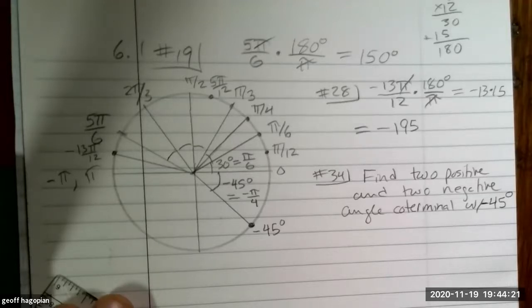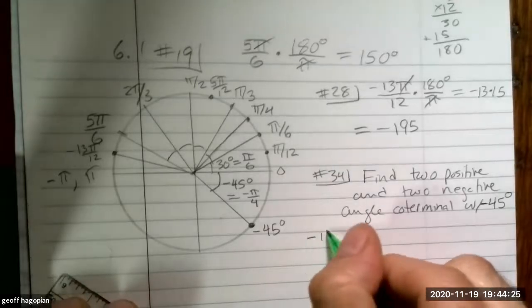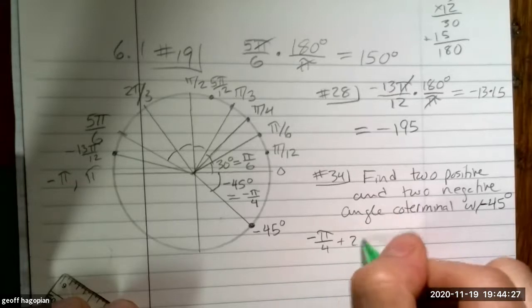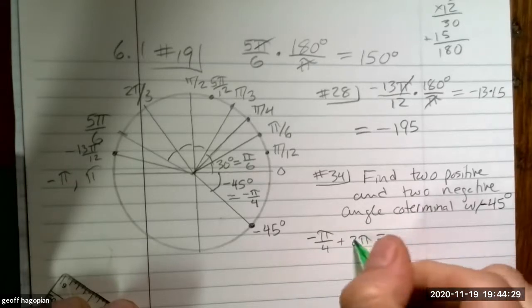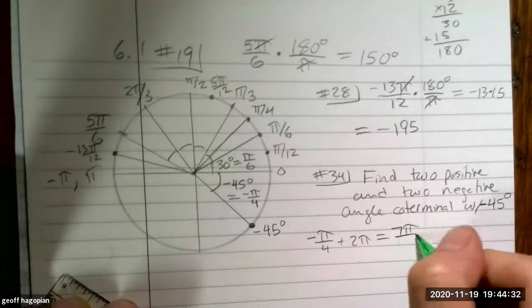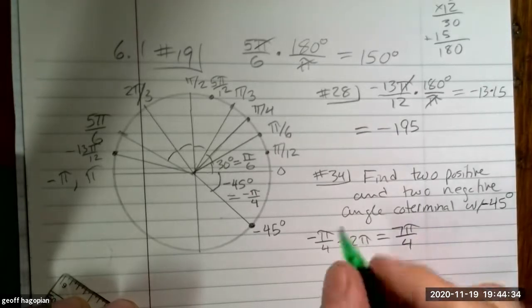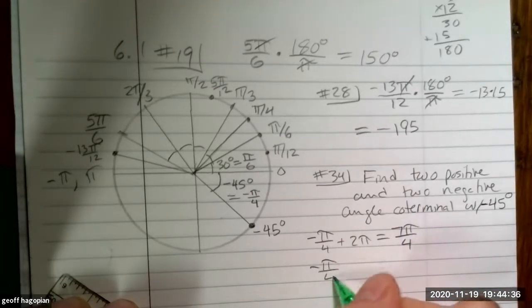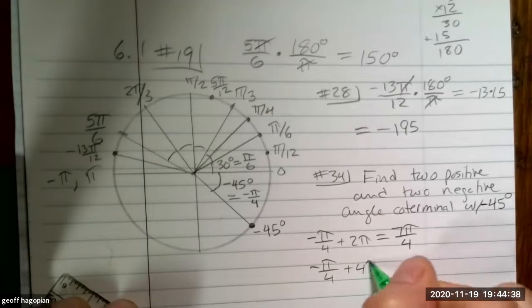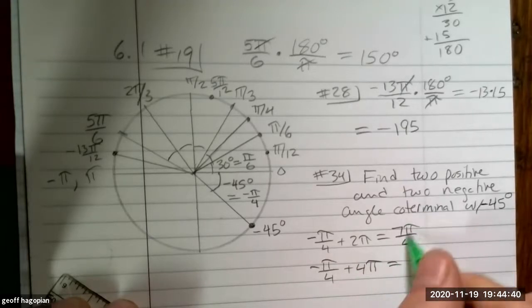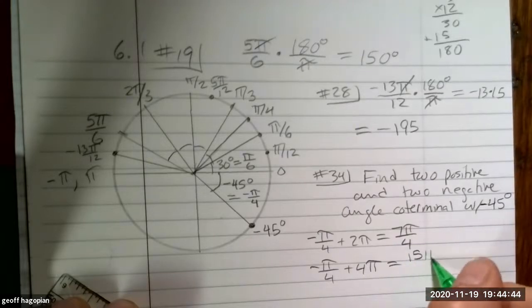Well, you could add 2 pi. So negative pi over 4 plus 2 pi. Well, that's 7 pi over 4. Negative pi over 4 plus 4 pi, right? Any multiple of 2 pi will get you there. So we want another 8 pi over 4, which will give us 15 pi over 4.